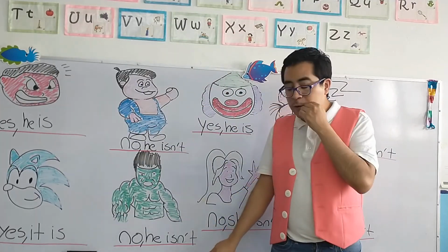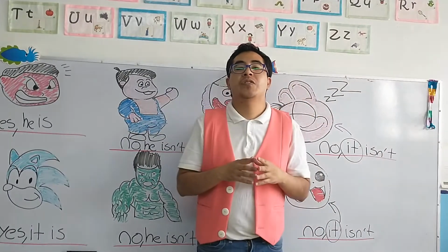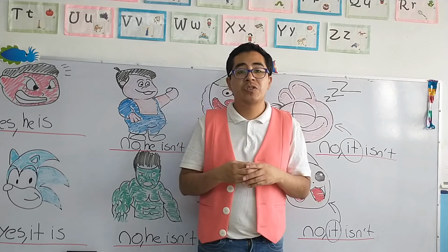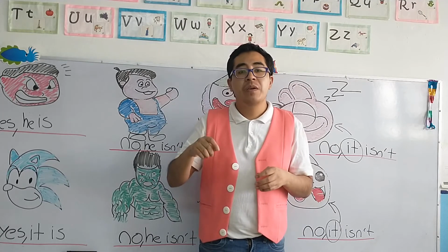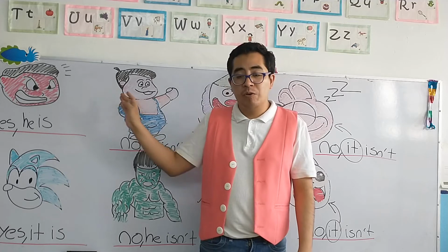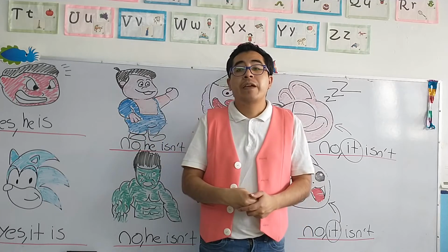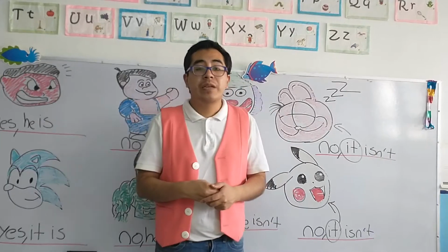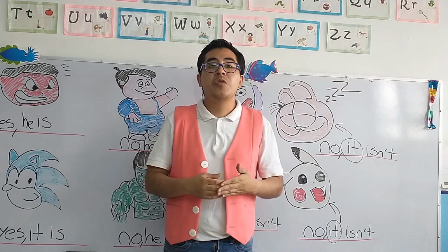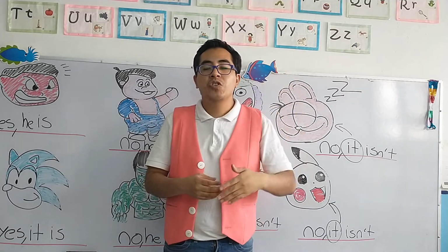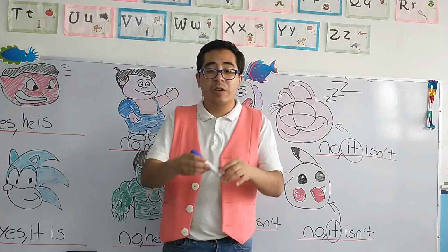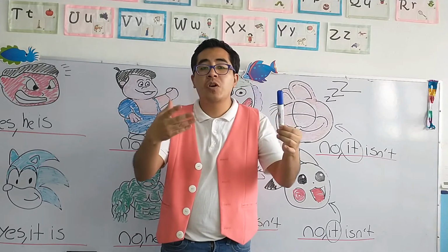Now, after you finish answering these questions, don't forget to paint beautifully all of your objects using several colors. And it's also very important that you practice this type of questions at home, showing your parents an object, and maybe you can discuss it.